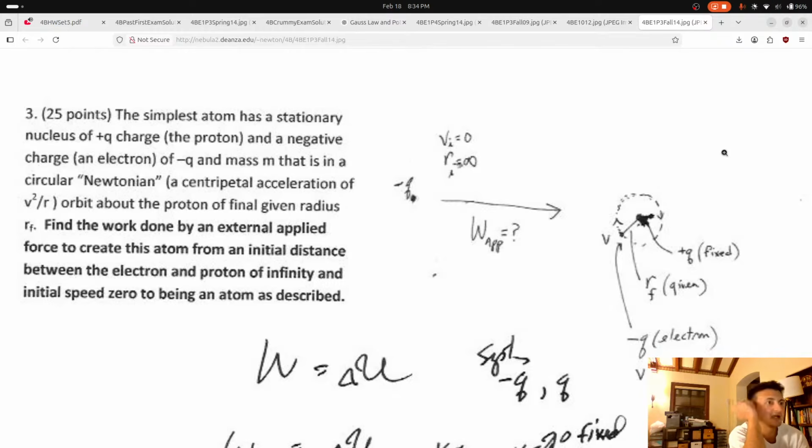Okay, KEI could be 0, and KEF has to be the kinetic energy, the velocity. So, okay, wait, actually, we could just find the velocity. So we could get, but what is F? I don't know what F is. Find the work done by an external applied force to create this atom from an initial distance between the electron and proton of infinity, and initial speed 0.